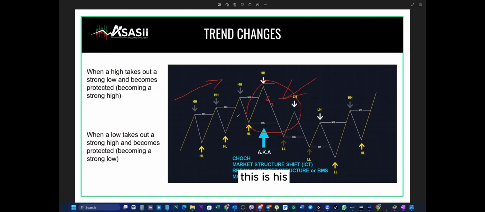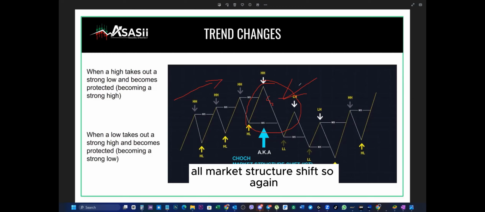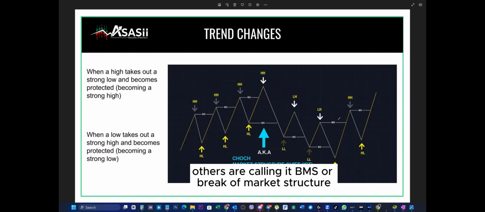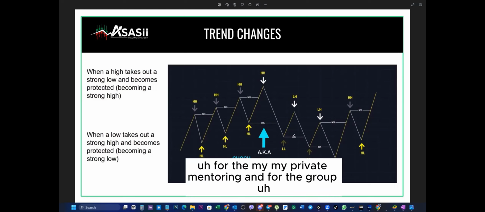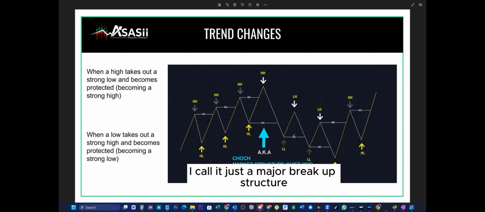Again, others are calling it BMS or break of market structure. So for now, as in my community for my private mentoring and for the group, I call it just a major breakup structure.